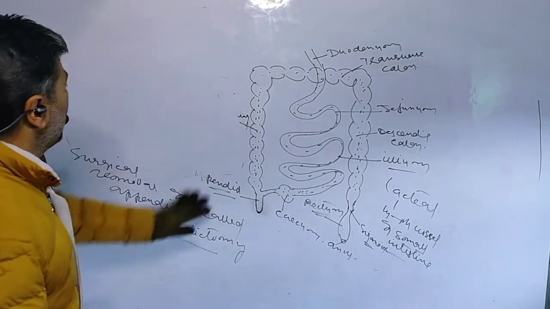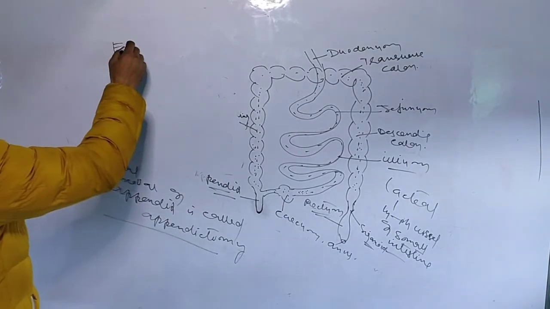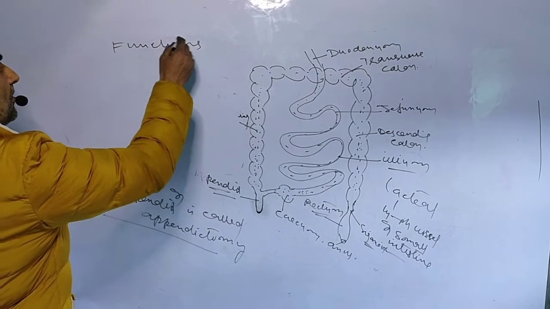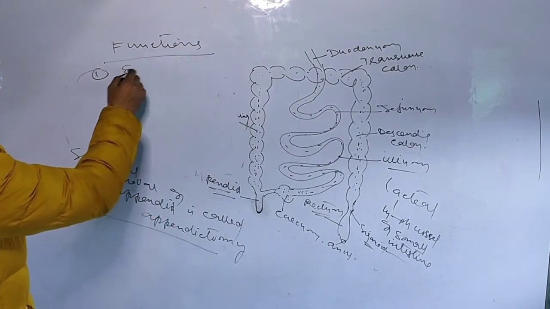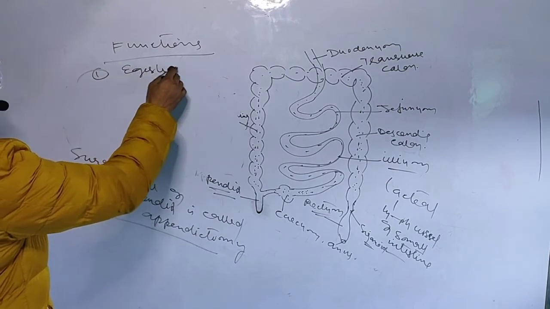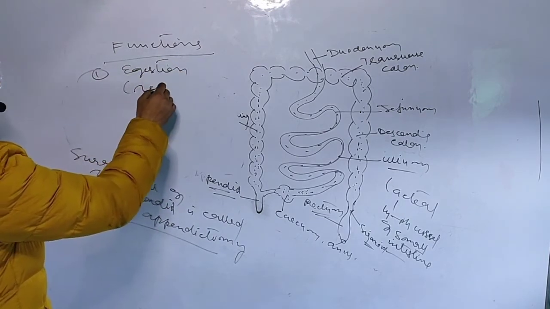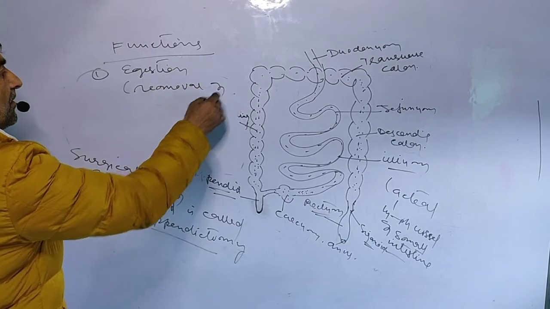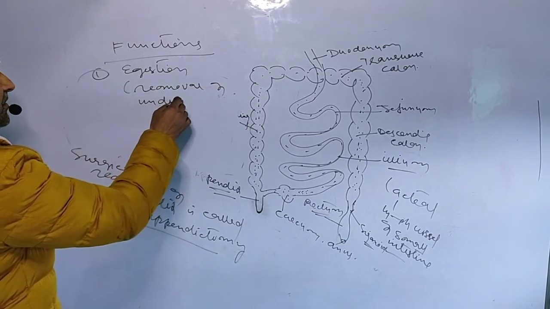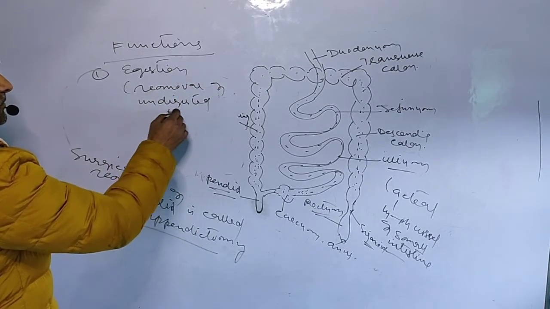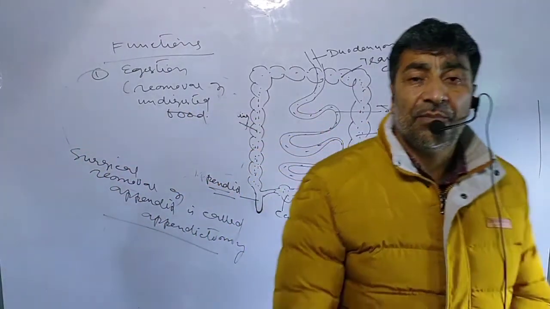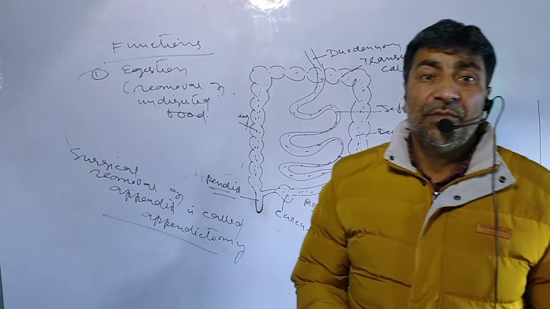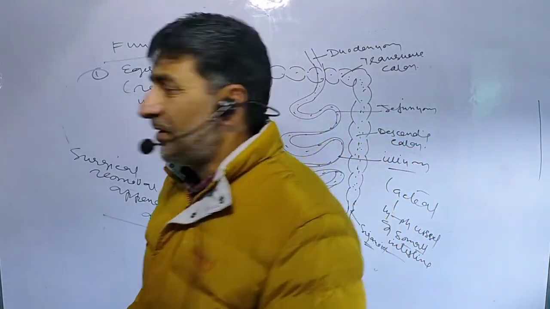So this is all about the large intestine. Finally, the functions of the large intestine. What is the function of the large intestine? It helps in digestion, meaning elimination of undigested food from the alimentary canal.